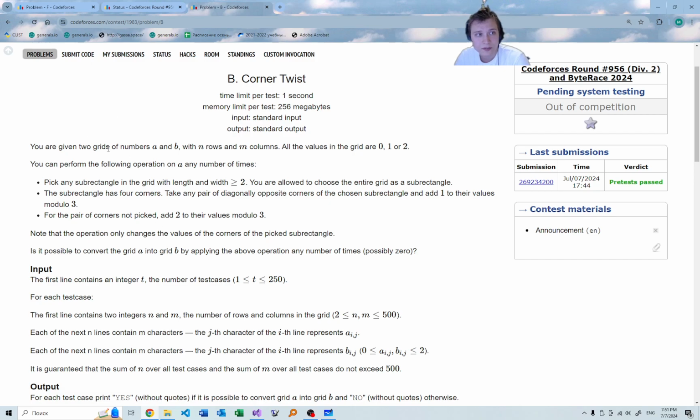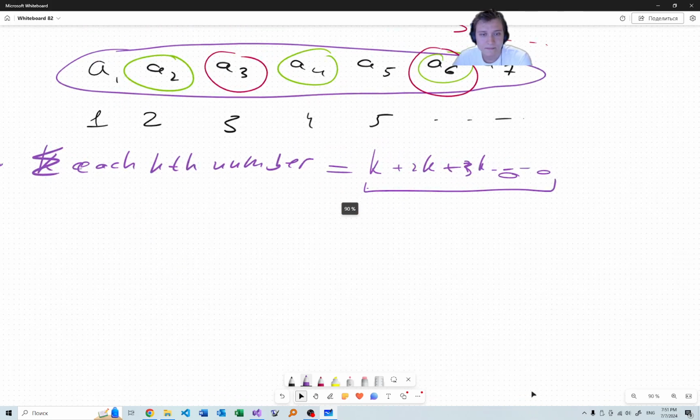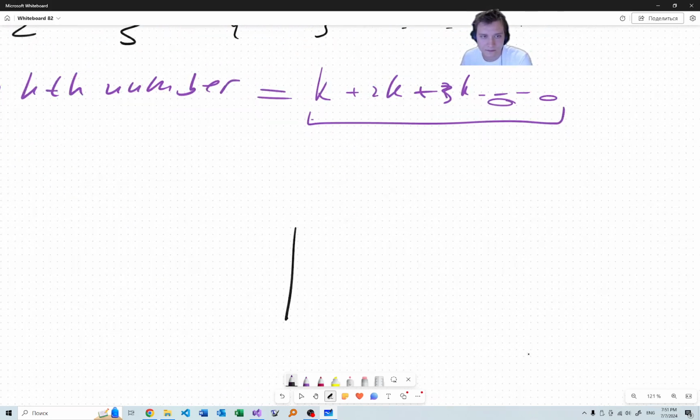Corner twist. You are given two grids, A and B. All values there are 0s, 1s, and 2s. You can take any subrectangle, choose two of the corners, and add one there, modulo 3.